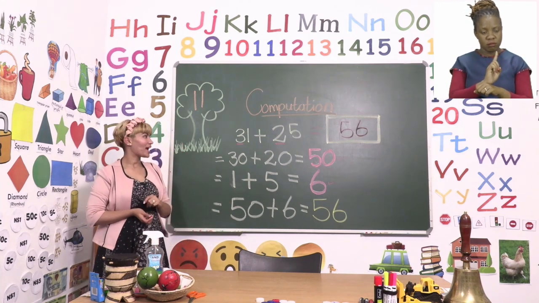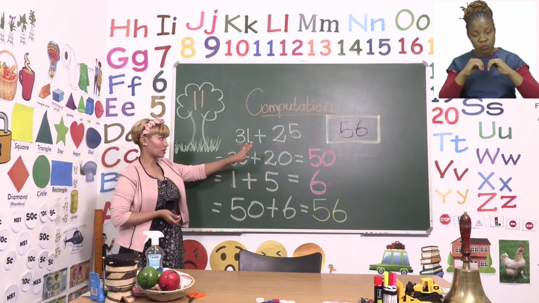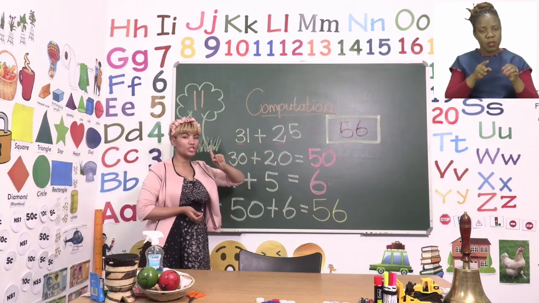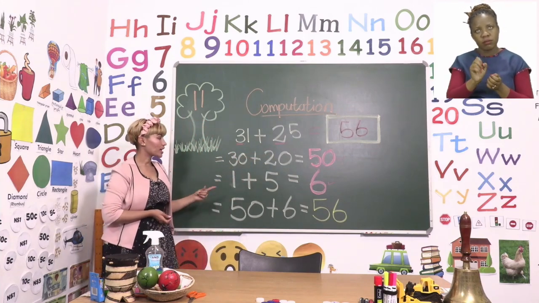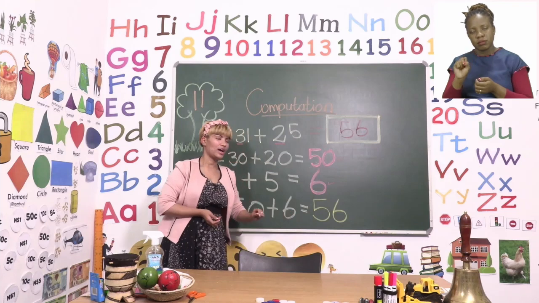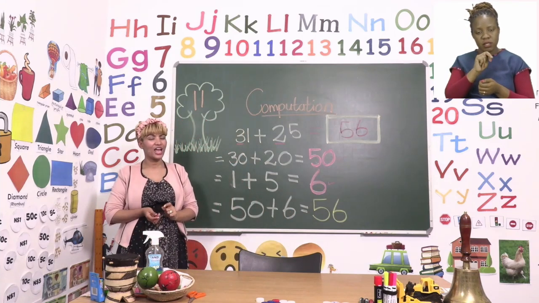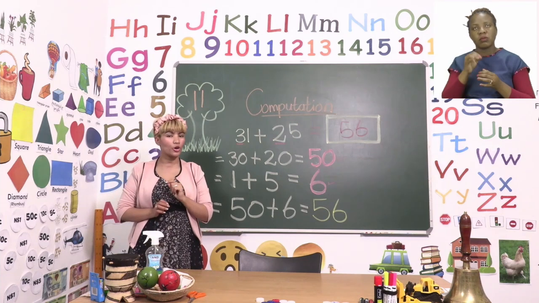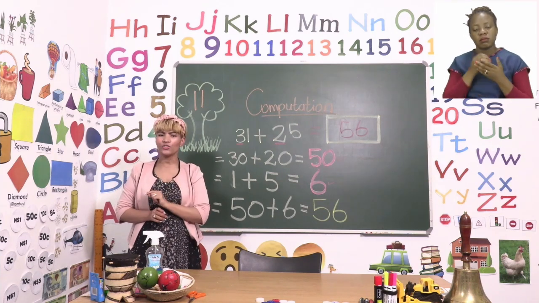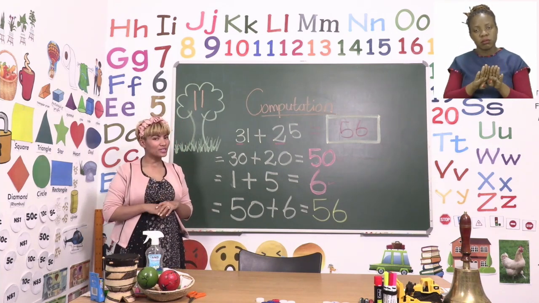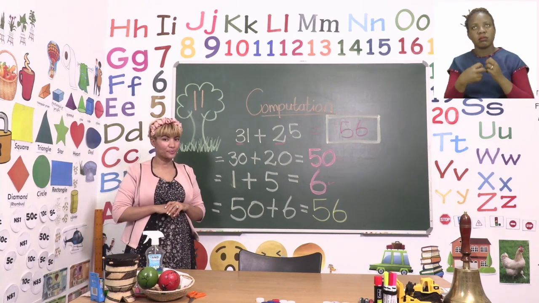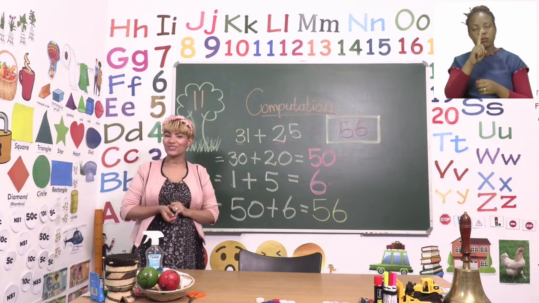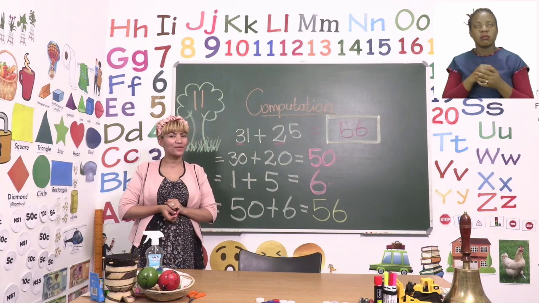Make sure you add up all your tens and all your units for each number so that you can get your final answer. Remember, boys and girls, I want you to try and do these sums on your own first. But if you have a problem, you can always ask someone for help. I'm going to leave you to try and do all those other sums on your own.